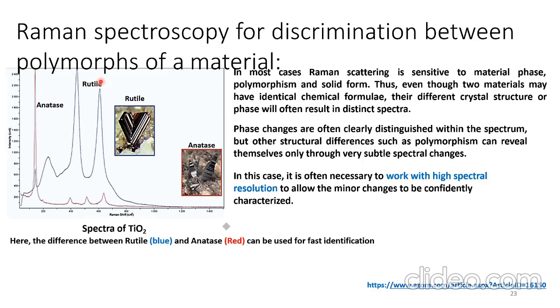In these cases, depending upon the peaks which we are getting, we can say whether the material has anatase or rutile or both. The red peak is showing more anatase property, while the blue peak is showing more rutile property. So the phase change can also be observed.